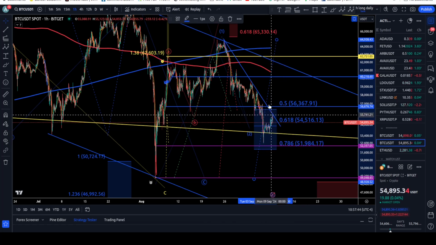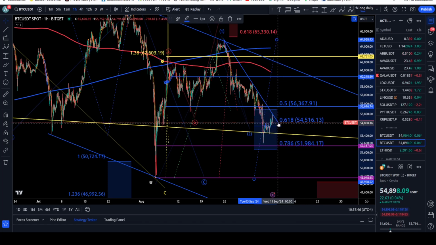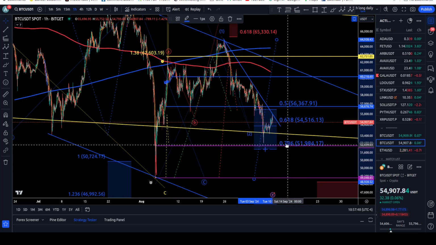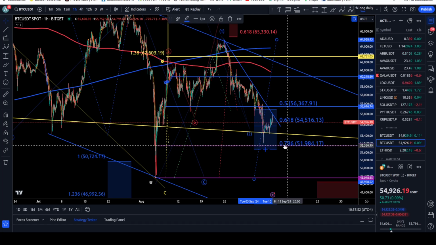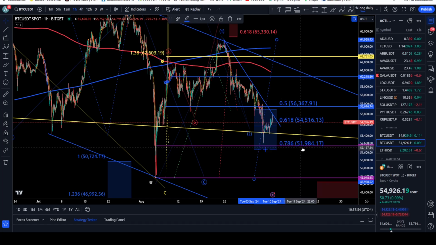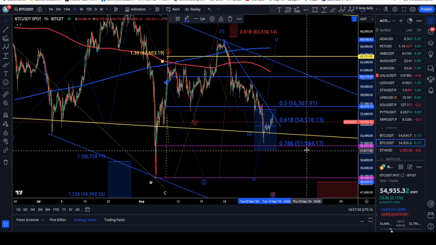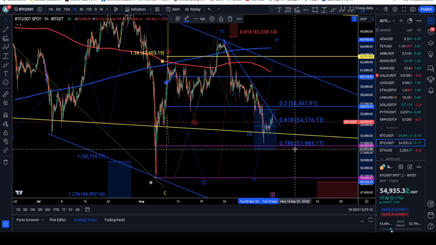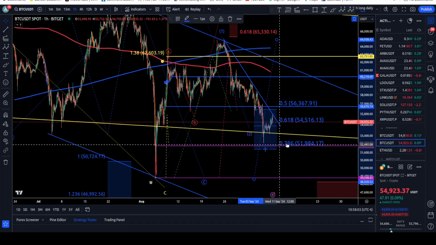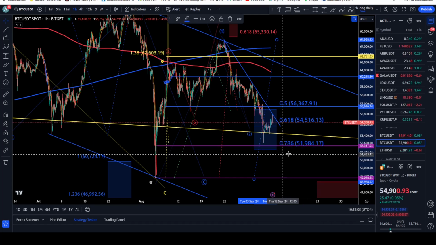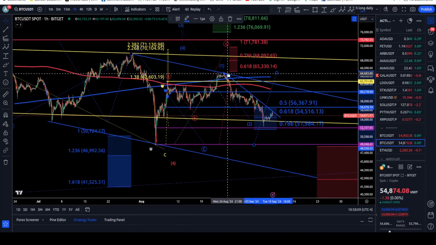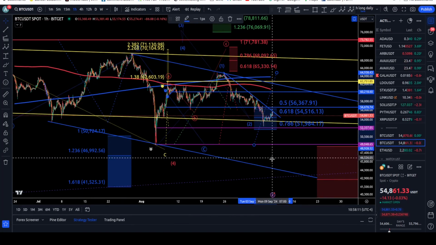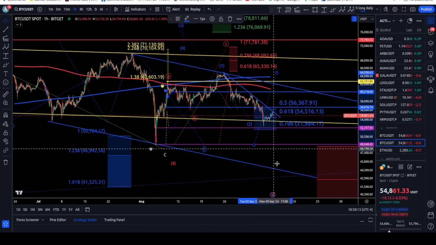So first of all, we need to break this downtrend and adjust draw, and we cannot allow price to go much lower than a 0.786, which is, I'm going to round it up, 52,000, 51,984 plus and minus. Yeah, so this is the level. If we go below, we start to be unreliable, and because it's a diagonal 3 wave, then more likely it's going to fail, and it means we're going to go lower.